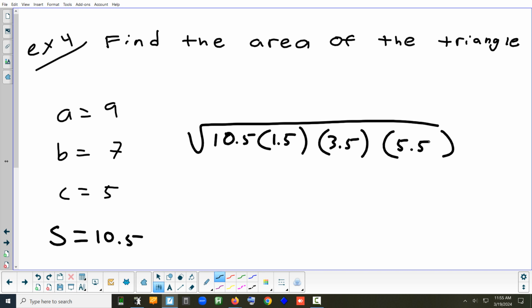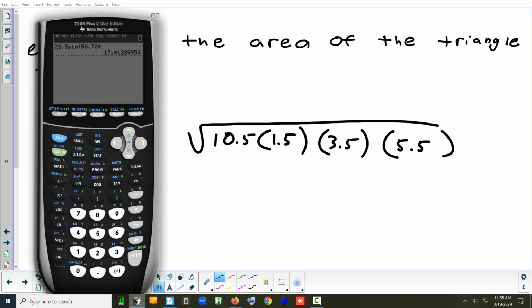So this should come out to exactly what we got before, 17.412. Let's see. 10.5, 1.5, 3.5, 5.5. Exactly what we got before.